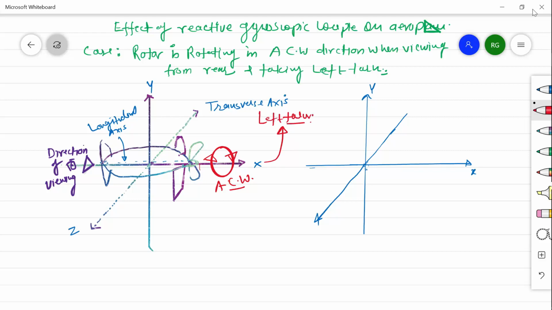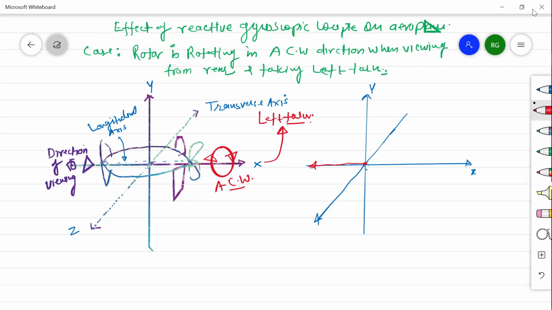As we know, if the rotor is rotating in anti-clockwise direction, then according to the right hand rule, if we curl our fingers in the anti-clockwise direction, our thumb will be in this direction, so the angular momentum vector would be this one.